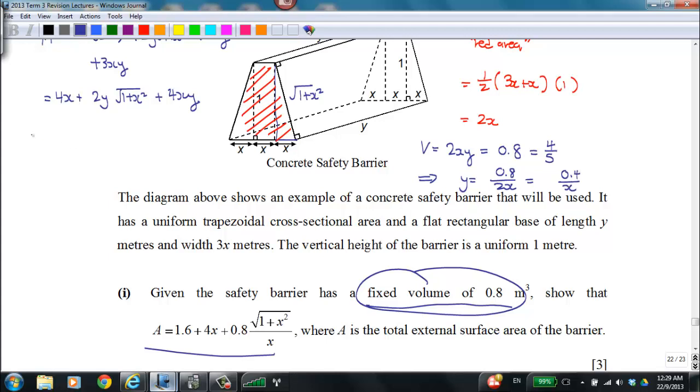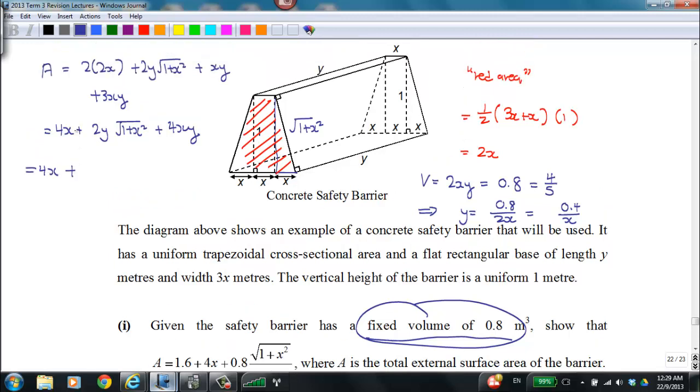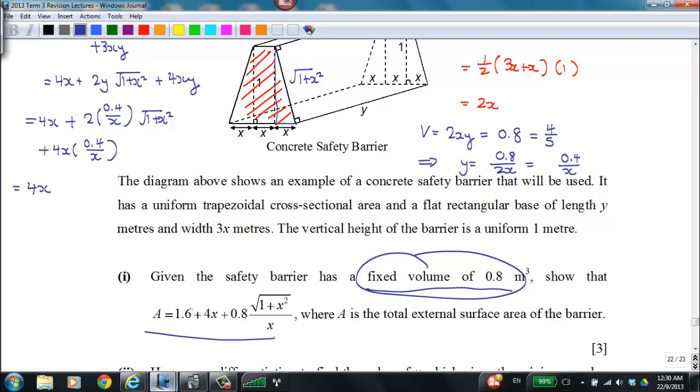So now I can put it in. 0.4 over x times square root of 1 plus x squared, plus 4x times 0.4 over x, which is actually equal to 4x, give or take, I found part of it already, plus 0.8 square root of 1 plus x squared over x, plus 1.6.